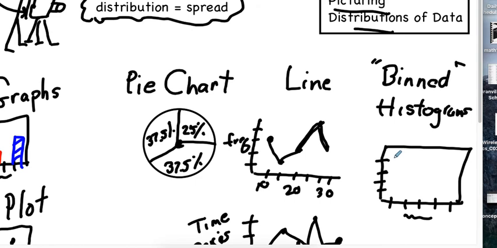Okay. Only, just like when we talked about bin data, each one of these is going to be covering a range. So this is from 0 to 5, 5 to 10, 10 to 15, 15 to 20, and so on.